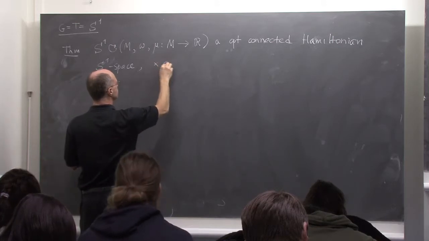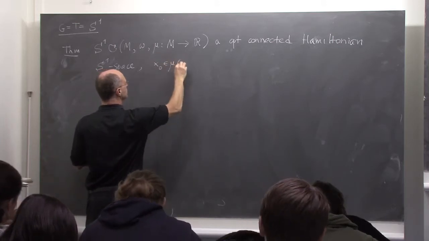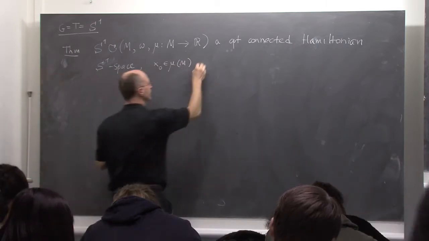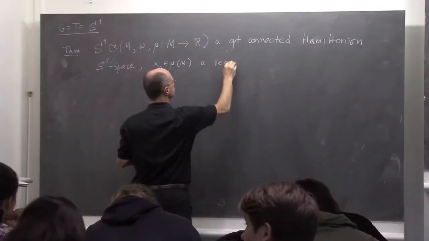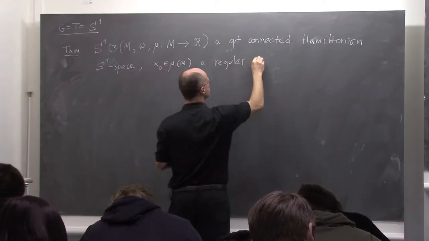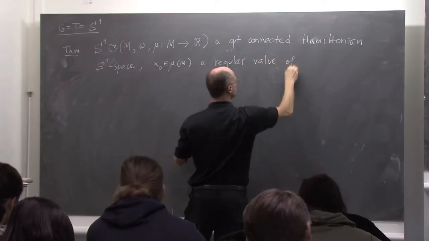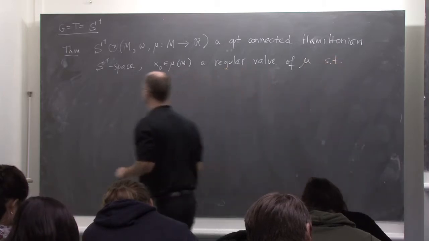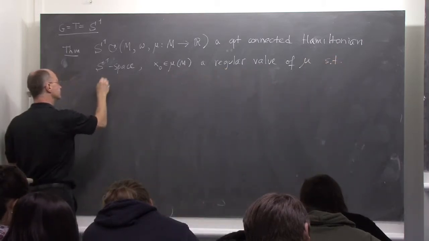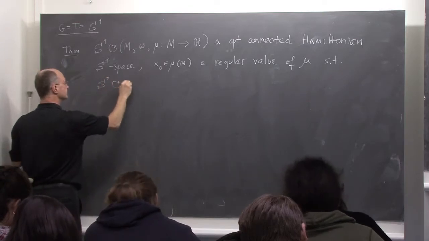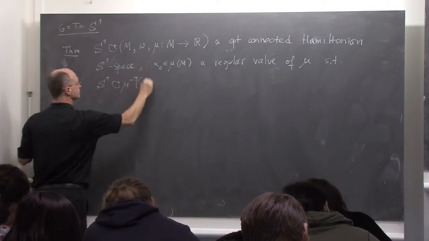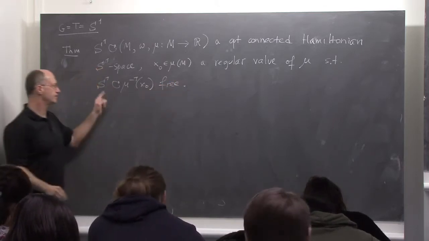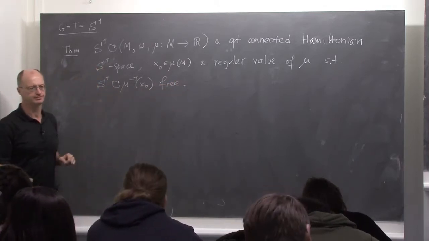So let's choose a point x0 in mu of M, a regular value of mu. And to simplify things, let's assume that the S1 action on the level set is free.